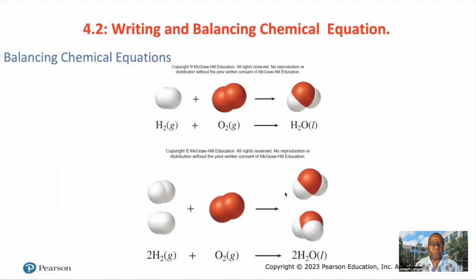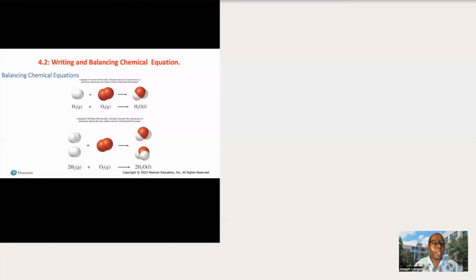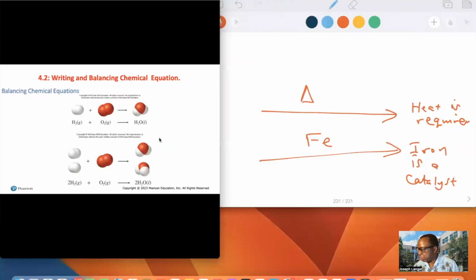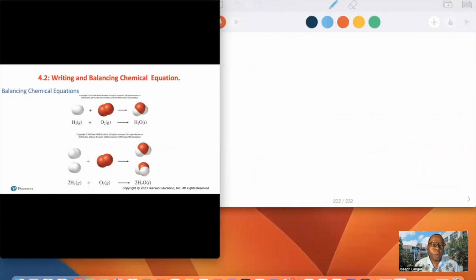It's pretty straightforward. Balancing the equation I've given you before. An example on how to balance the equation. What I want you to see here is liquid H2O is produced when gaseous oxygen reacts with gaseous hydrogen.